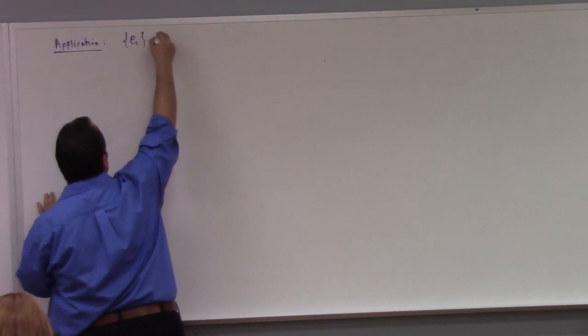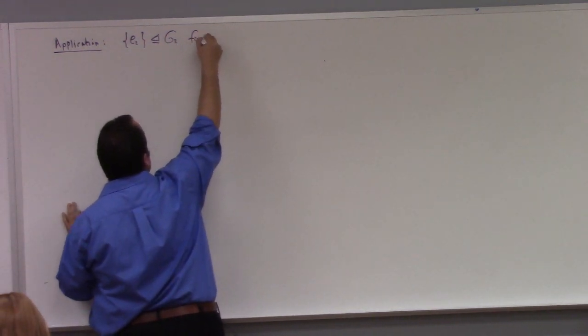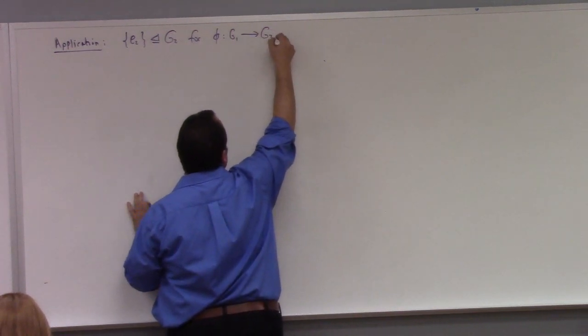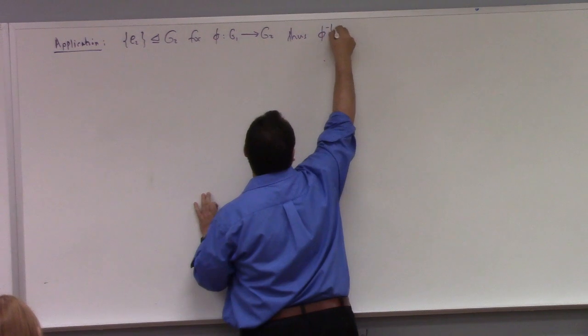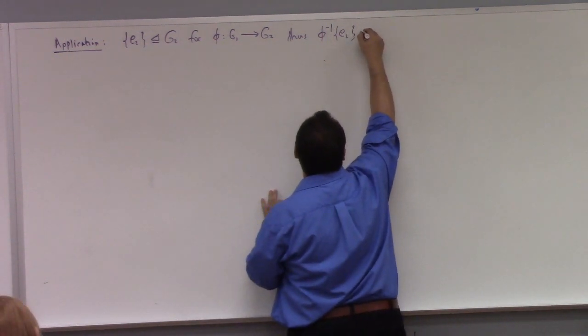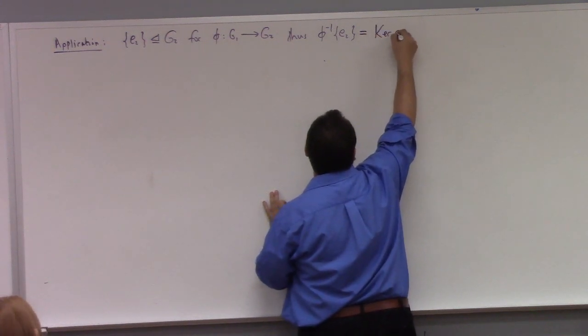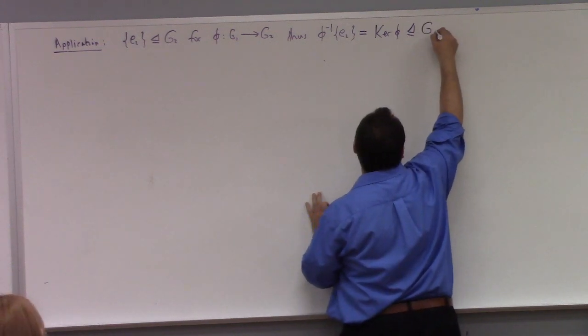E2 is a normal subgroup of G2 for a homomorphism from G1 to G2, right? Thus, the inverse of the identity in G2, which, by the way, is what? That is the kernel of phi, is a normal subgroup of G1.